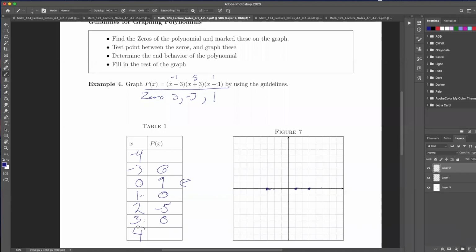So what do you get if you plug in 4? I'm going to do -4. You guys tell me what 4 is. So -4 is -35. So if I plugged in 4, what do you get? So just put it in here. So it'd be 4 minus 3, 4 plus 3, and then 4 minus 1. And I'll give you a number.